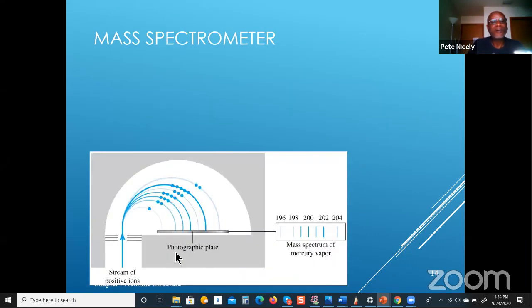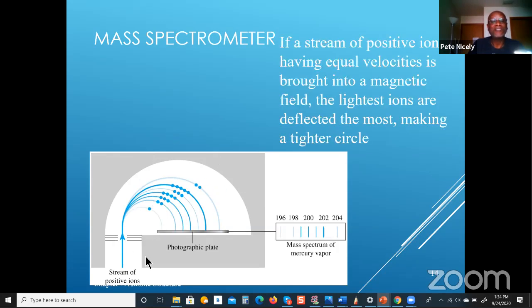Now this is how it works. You have a stream of positive ions that are created, and they are ushered into this region, which has a magnetic field. The effect the magnetic field has on the positively charged ions is that it causes them to move in a circular fashion.